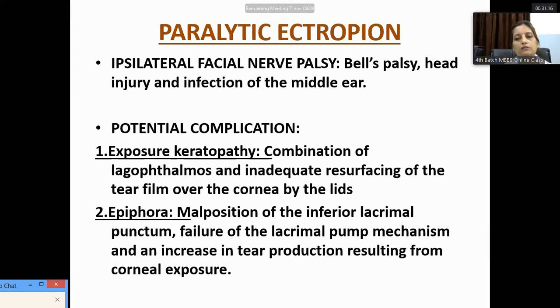So whether due to exposure keratopathy or epiphora, there are several causes of epiphora, because the punctum is not aligned to the globe following the ectropion. In case of medial ectropion, you will have a watering problem. Continuous watering will result in excoriation of the skin around the site, which also results in ulcer formation.